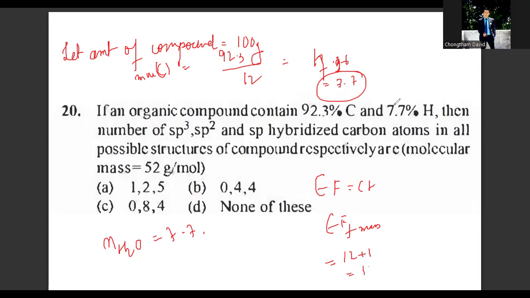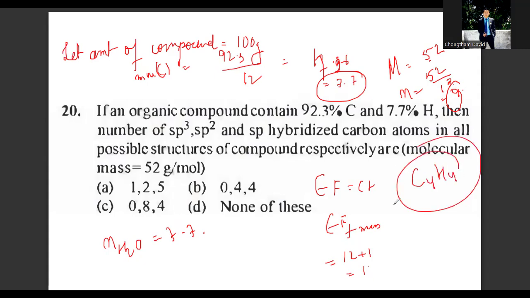So the molecular mass divided by the empirical formula mass is 52 divided by 13, so n will be 4. So the molecular formula can be predicted as C4H4. Now from this we can draw how many possible structures there are.